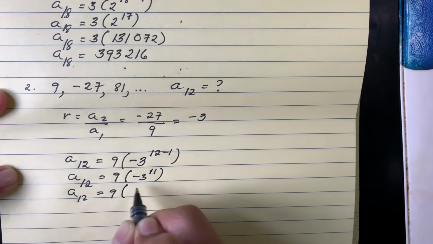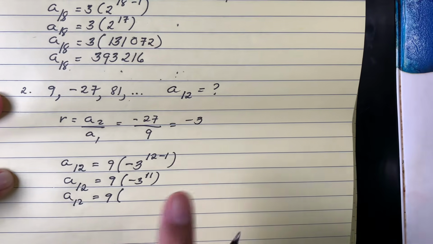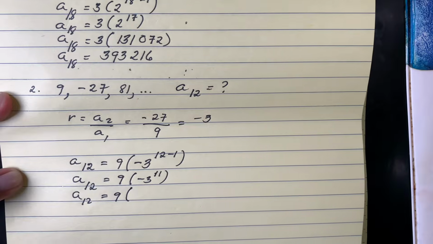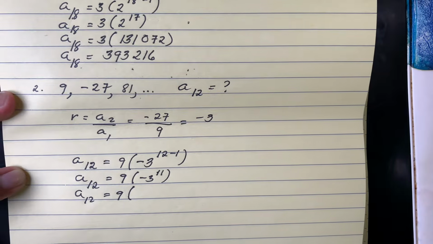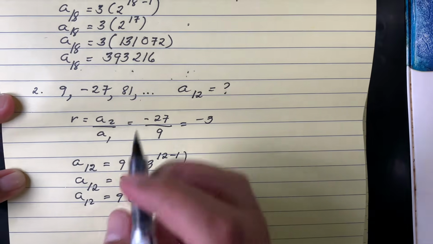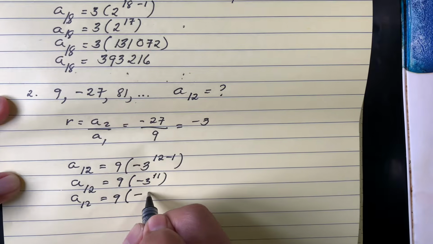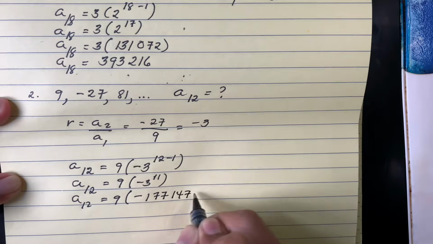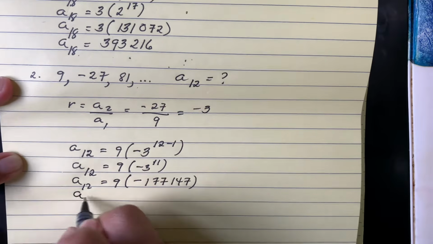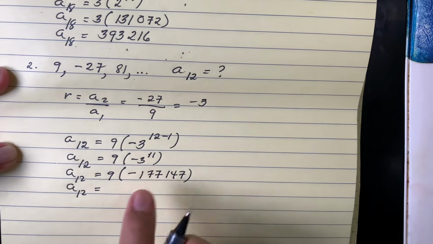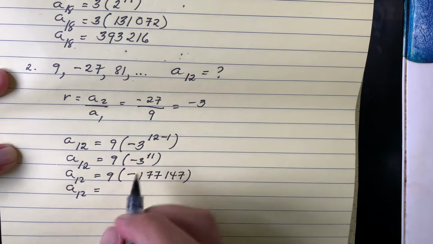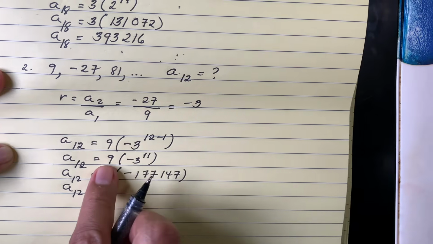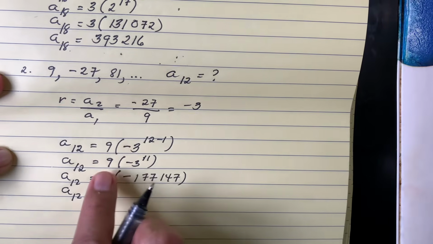So a sub 12 is equal to 9 multiplied by, we are going to simplify, negative 3 raised to the power of 11. That would be equal to negative 177,147. So always remember that you cannot multiply the coefficients negative 3 and 9 right away.